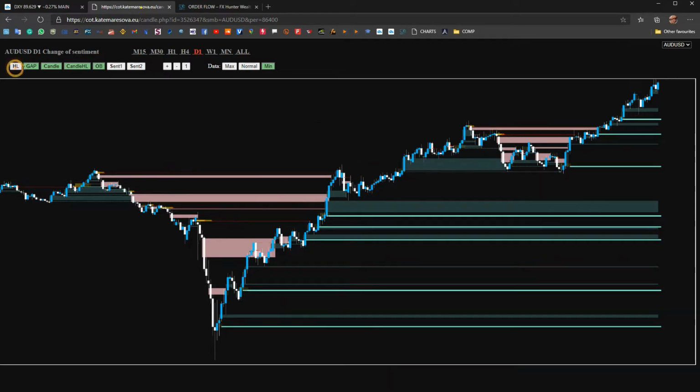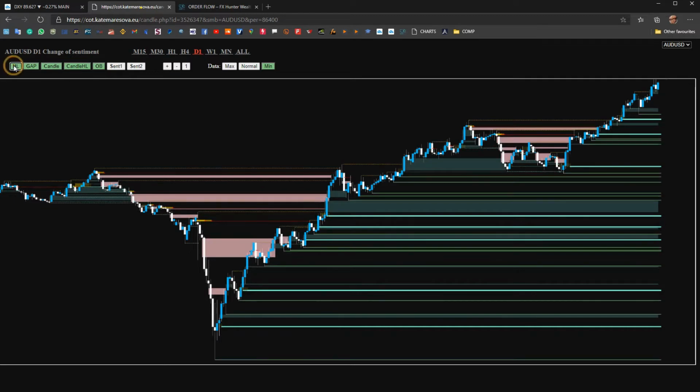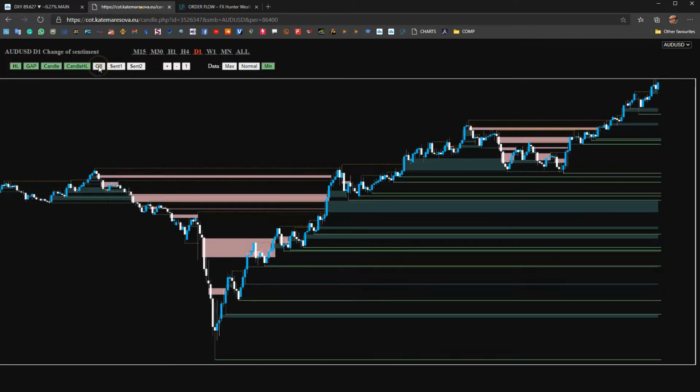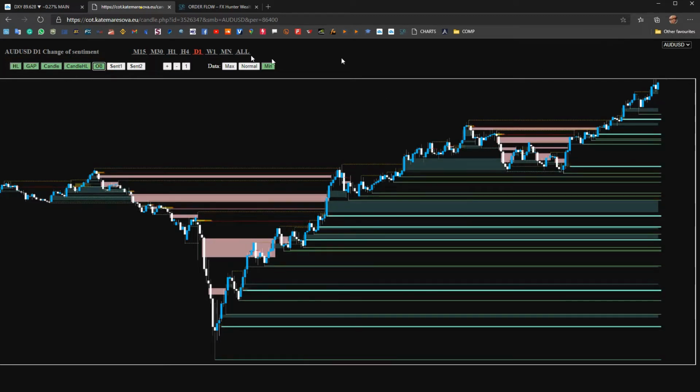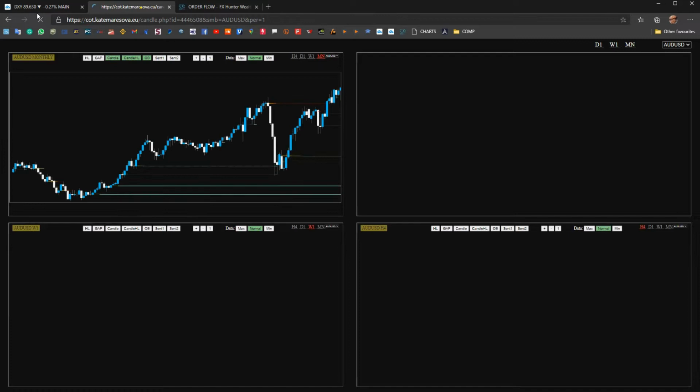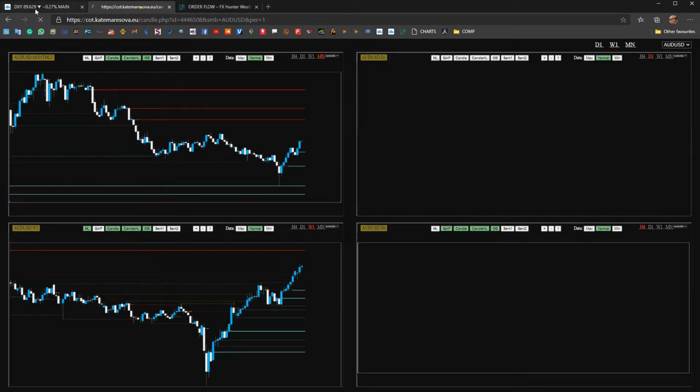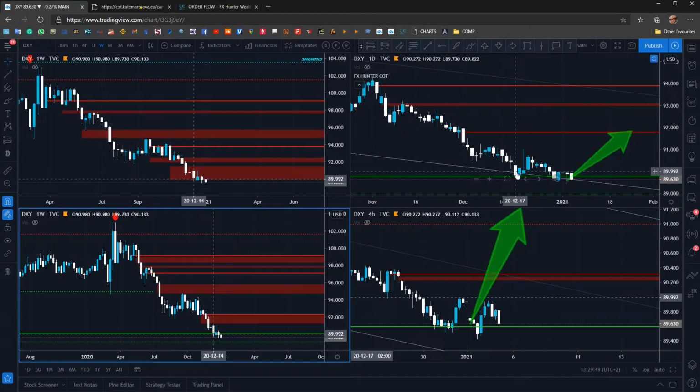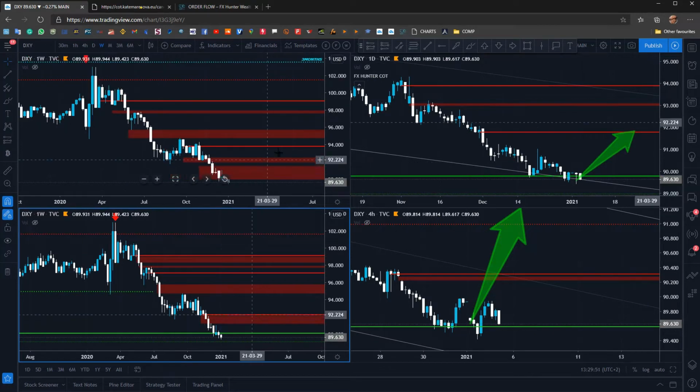You can do a lot of things in here: higher lows, gaps, these institutional levels, and you can change the time frames, and of course you can have the 4 times view as I am using for my analysis. So let's check the charts to see what happened on the dollar index.